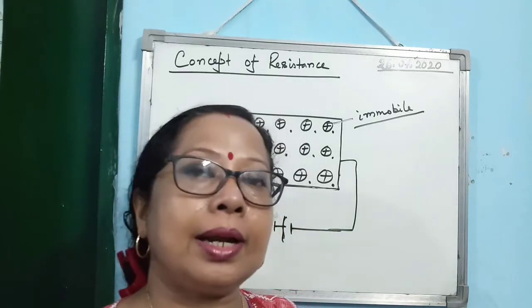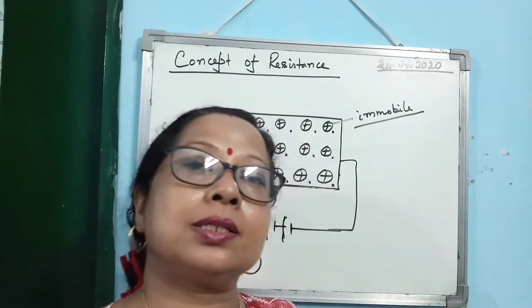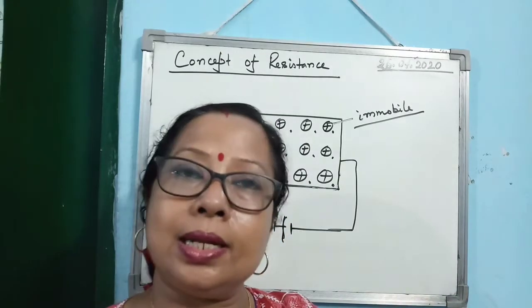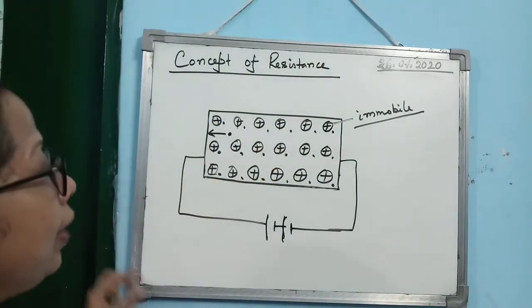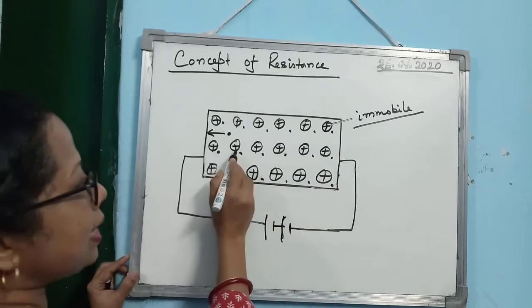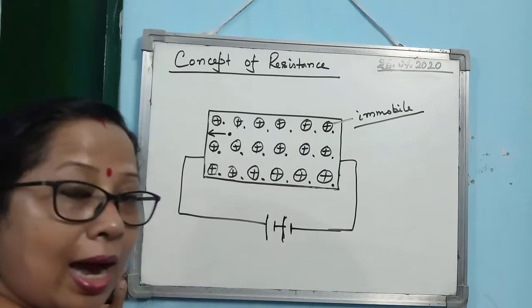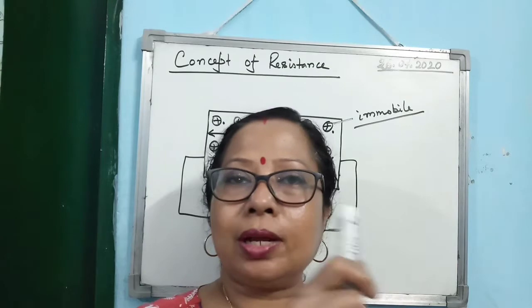But we measure current as the amount of positive charge flowing per second, and positive charge is related to the electron by the relation Q is equal to Ne, already discussed. Now come to this point. When the electrons are moving like this, these immobile ions are quietly doing their work. They are vibrating about their main position.